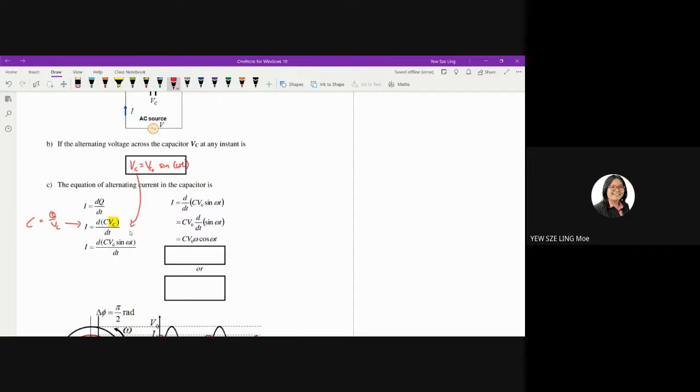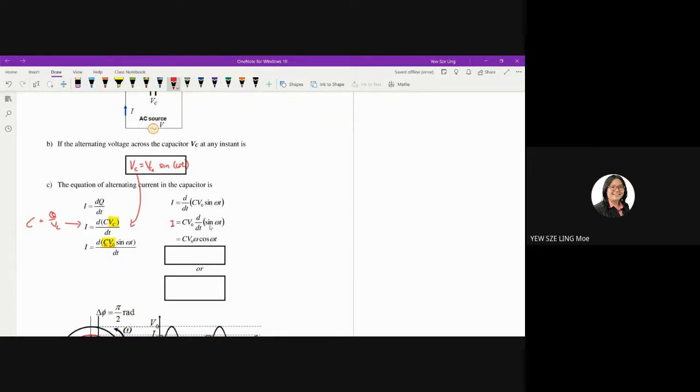So what happens after you substitute into the equation? Well, you now try to rearrange the equations. You can take C and V out, because C and the maximum value V naught are constant values, so you can take them out. So now you have I equals CV naught d over dt of sine omega t.